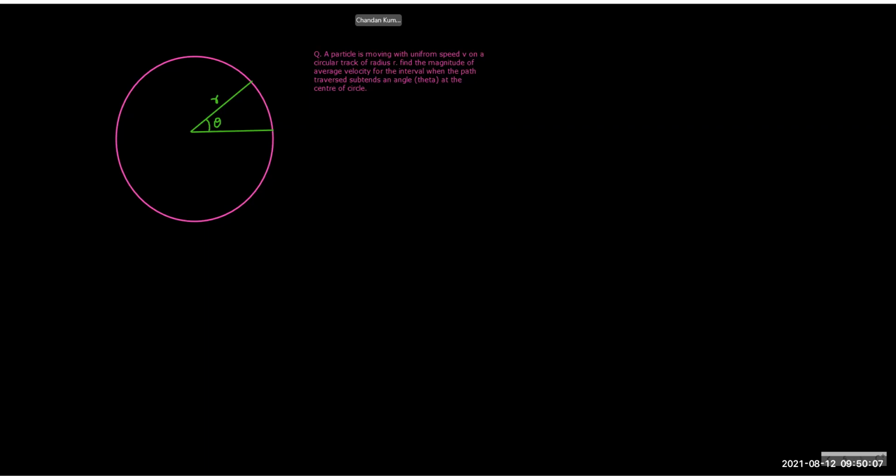Sir, it's 2r sine theta by 2. Yes, 2r sine theta by 2 is the displacement. That's the correct answer. Then what is the average velocity? That upon time. So you have to divide by time, right? Now think of time.